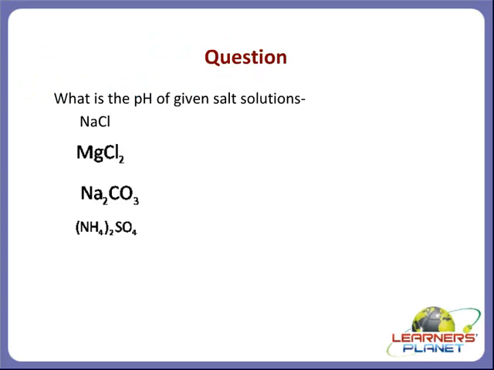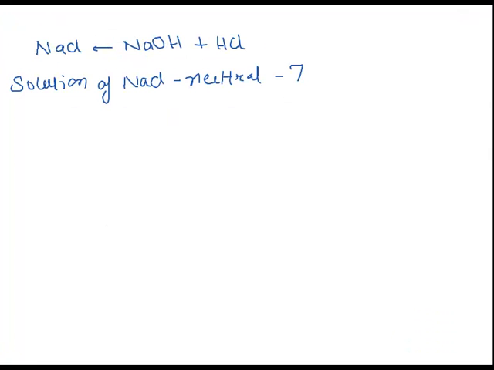Now the next question is, what is the pH of MgCl2? That is magnesium chloride. Okay, so will it be acidic or basic? Let's check out what it is. This is the first one. The second one, MgCl2.